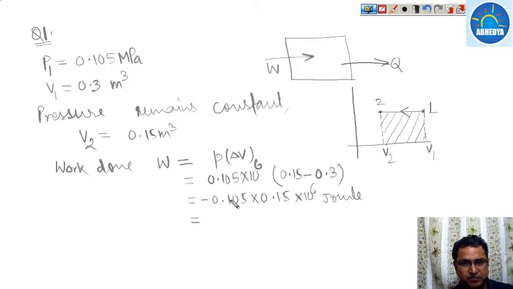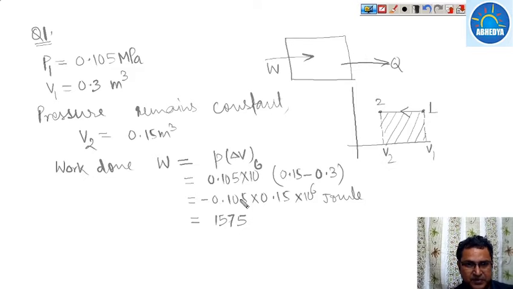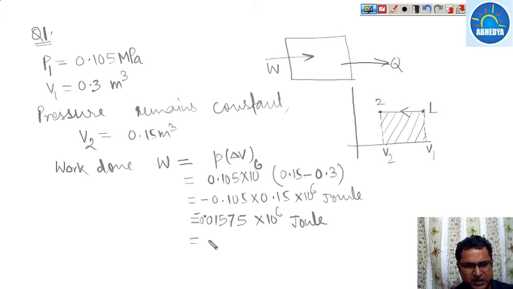So this is 0.105 into 0.15 with a minus sign into 10 raised to the power 6 joule, or it is 15.75 kilojoule.